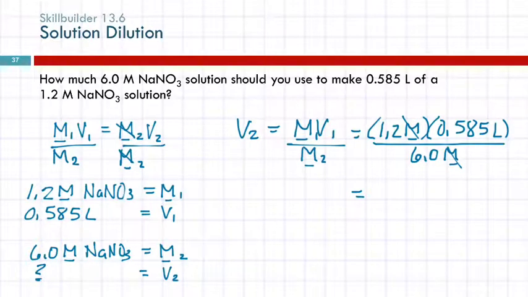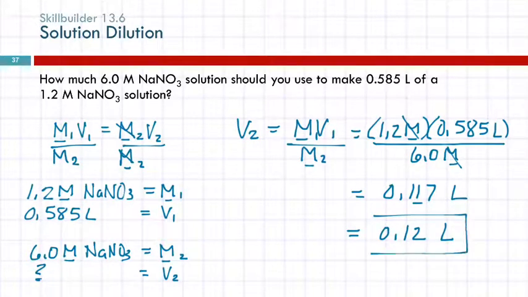I have 1.2 times 0.585 divided by 6. 0.117, and the unit would be liters. Should be 2 sig figs, so it'll be 0.12 liters. Any questions?